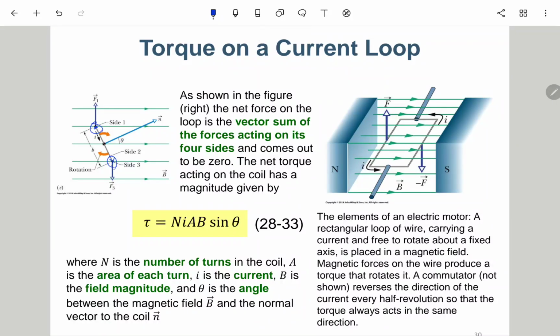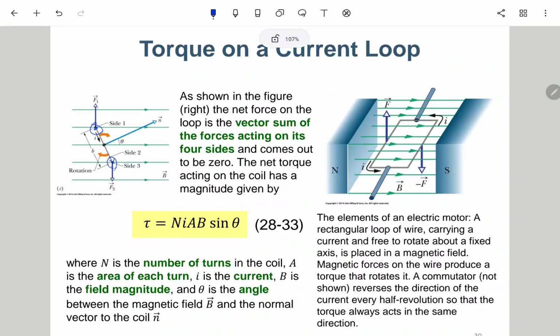So we have L cross B. L is pointing out of the page and then cross to B to the right side. So your thumb is pointing up, so you have a force pointing upward. And for this one, L is pointing into the page and B is pointing to the right side.